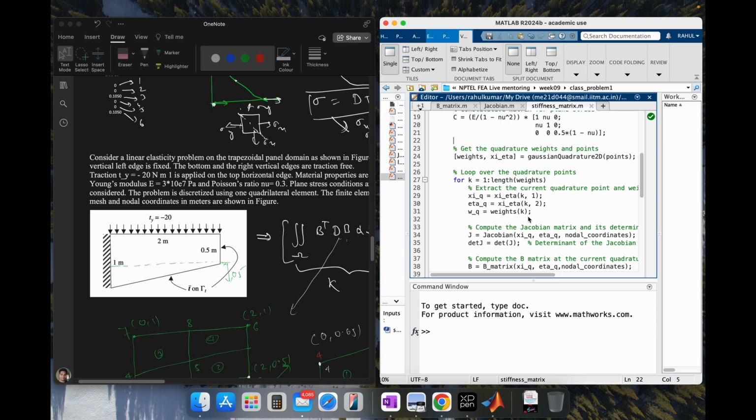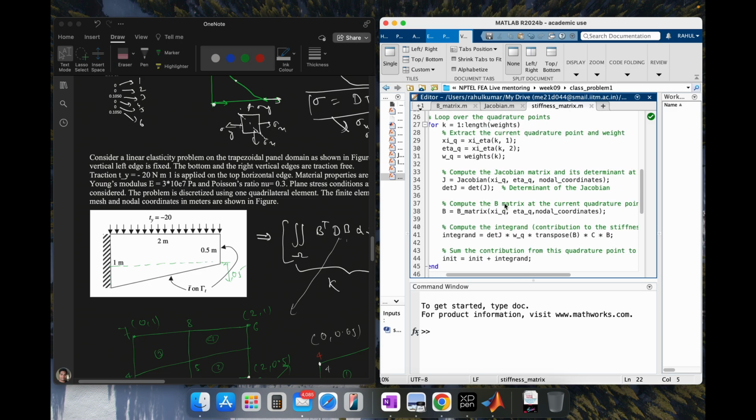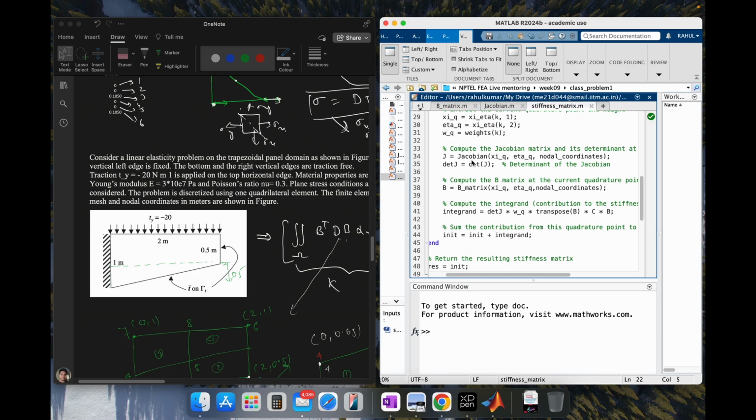Okay, so then it will take the xi and eta from this matrix, and first it will find the Jacobian, because we have to change the area, which was a function of x and y, to xi and eta.